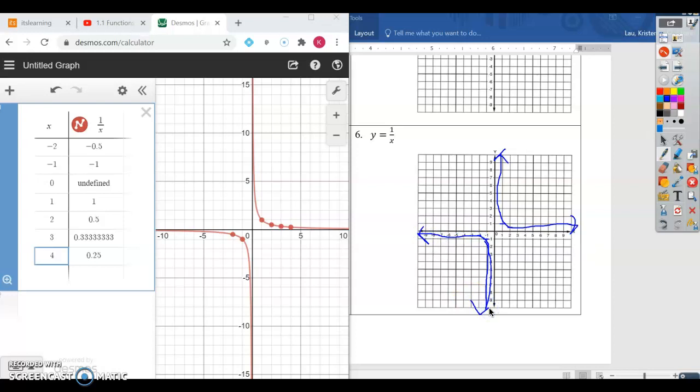Okay, so if you look at this, my domain is going to be, there's only one number that I can't plug into this equation, and that is 0. So you're going to do from negative infinity to 0, union 0 to positive infinity.